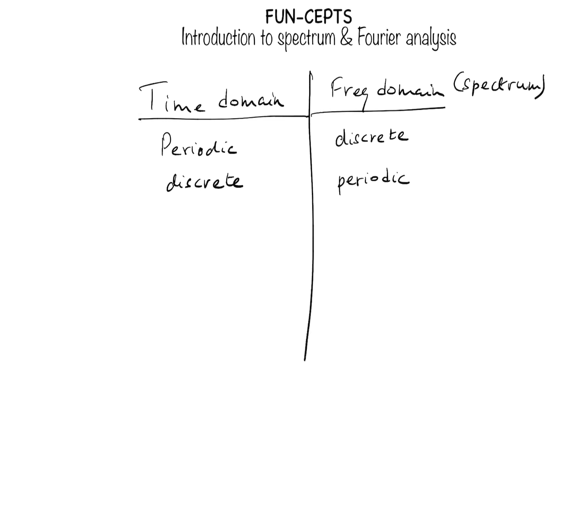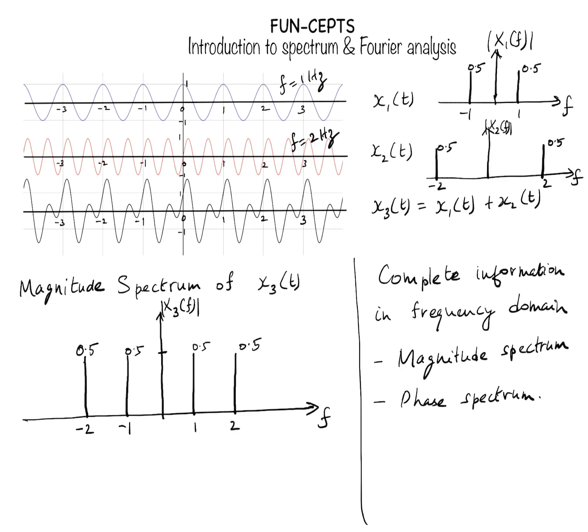Right? This is an important observation, and again we'll use this information at some point later in a future video. It is an important property that if the time domain waveform is periodic, then this spectral representation is discrete.